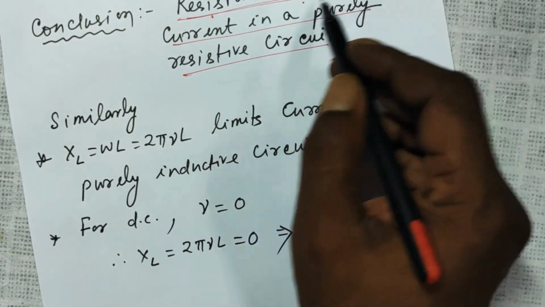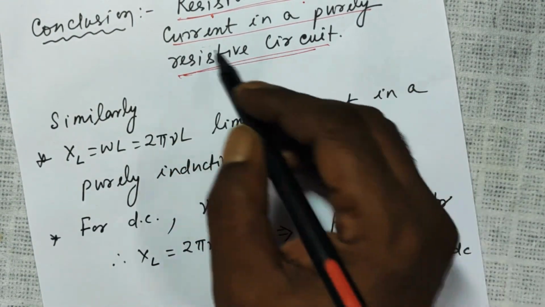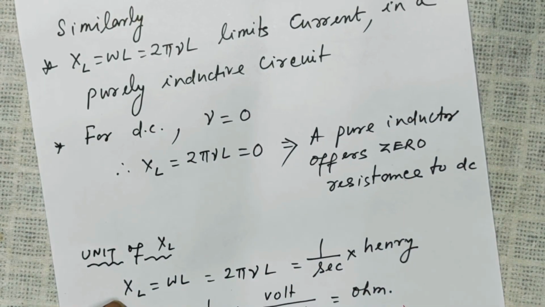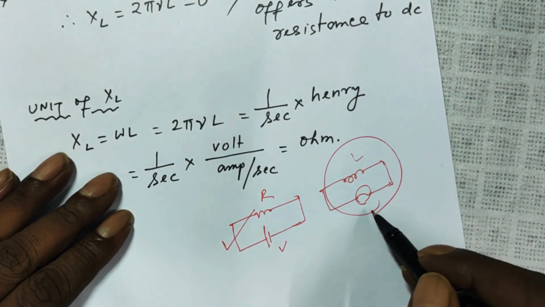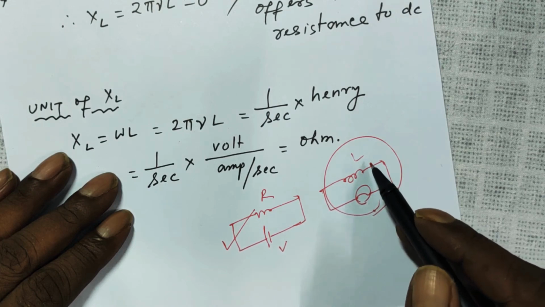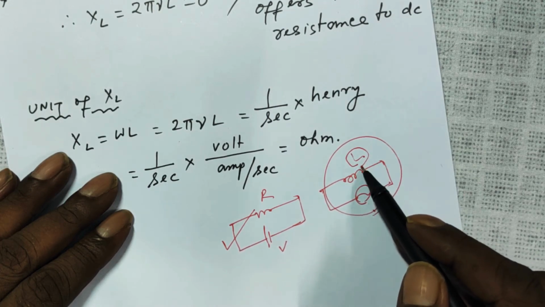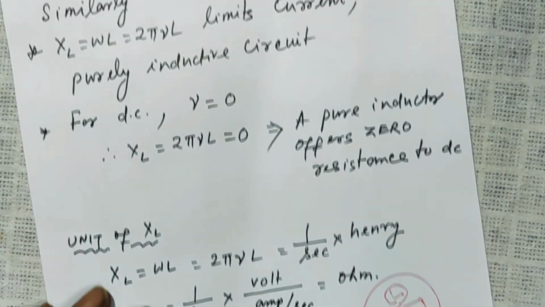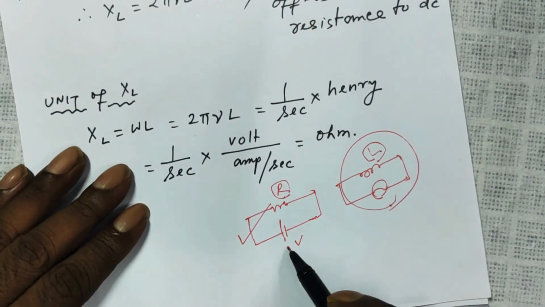So the resistance R limits current in a purely resistive circuit. Resistive circuit means a circuit containing only resistance. This is the case for this one.